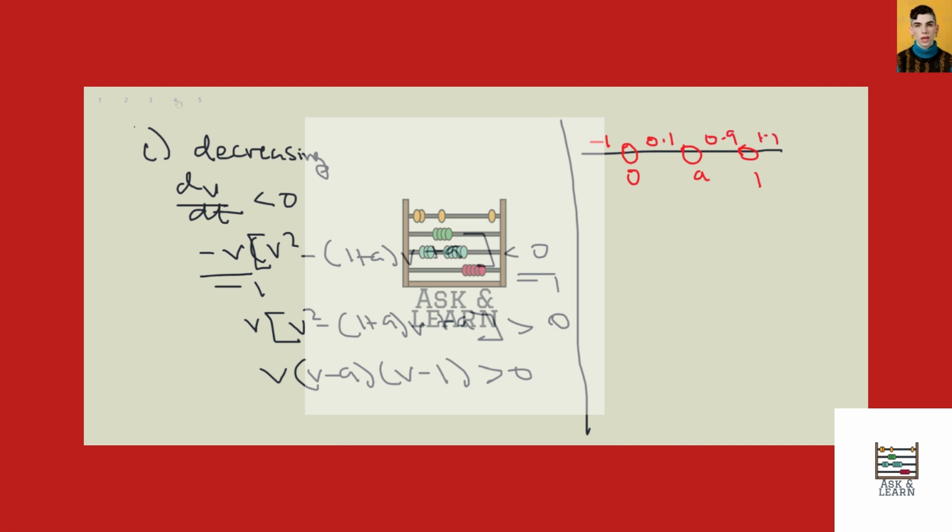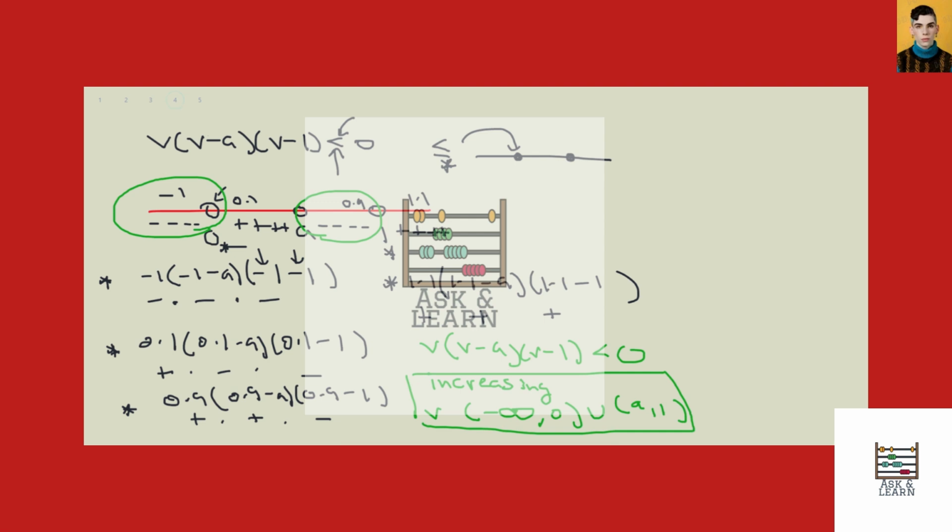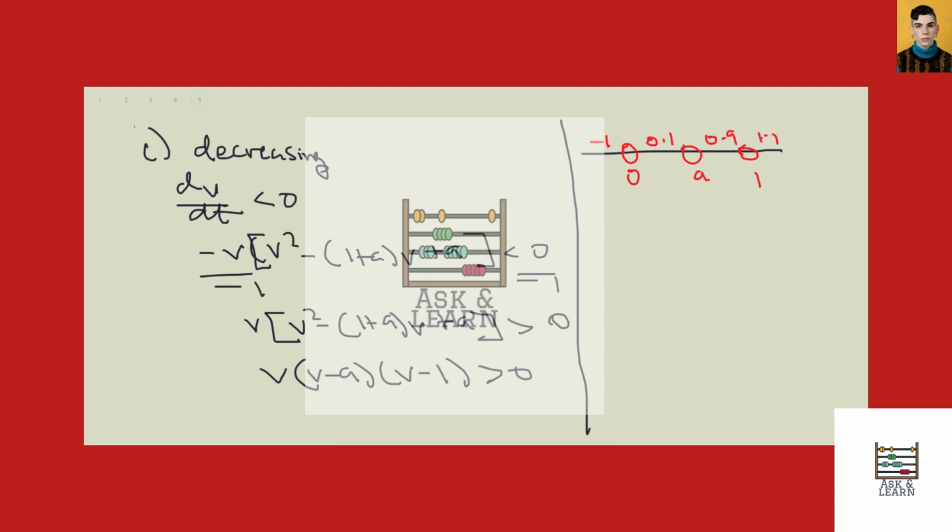Going back to the previous slide, you can see that when we tested those four test points, as in -1, 0.1, 0.9, and 1.1, we got negative solutions there, positive solutions between 0 and a, negative solutions between a and 1, and positive solutions beyond 1.